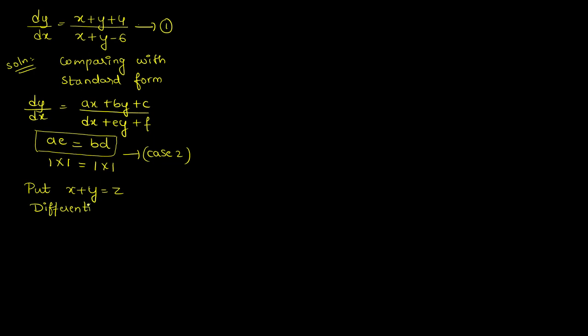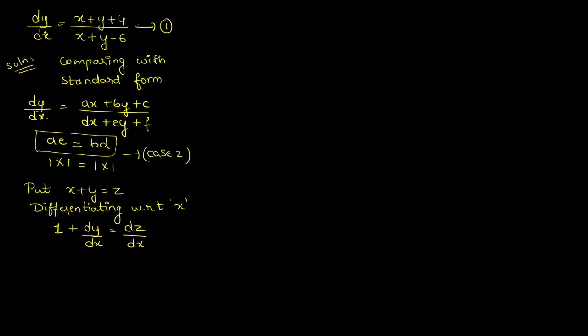Now what we do is differentiate with respect to x. As I already mentioned, x, y, z, all three are variables. So when you differentiate with respect to x, x with respect to x will be 1, plus dy by dx, and z will be dz by dx.